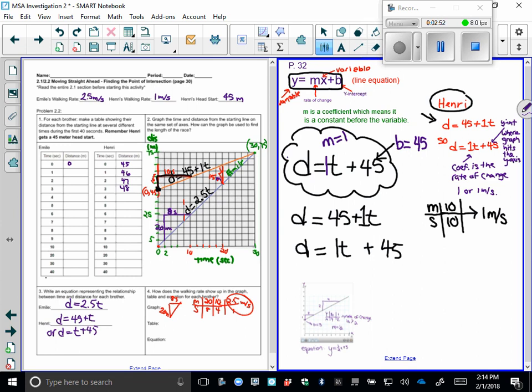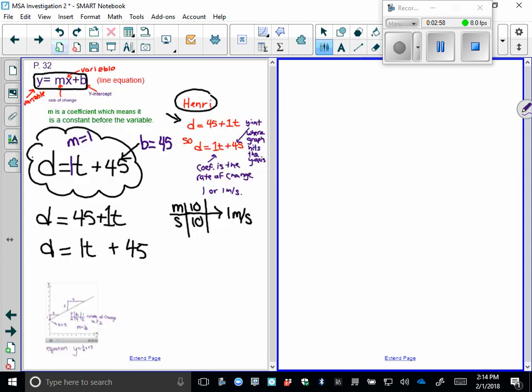And then, so it seems like just to make it more confusing, traditional books, they tend to always like to use y equals y's and x's, because on our graphs, like your graph for Henry was distance and time. So we did distance was equal to time plus 45.